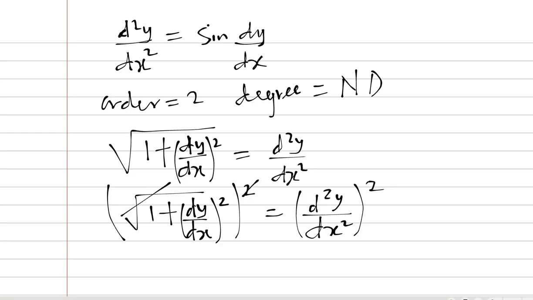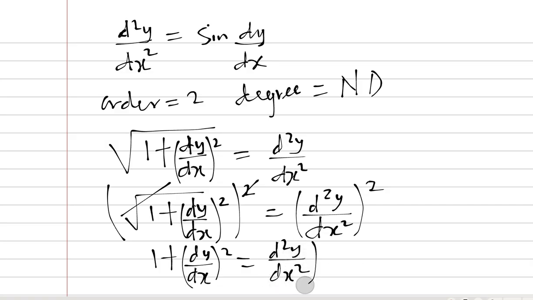So what will I have left? I will have 1 plus dy/dx all squared equal to d²y/dx² all squared. You can see that I have made it look very clear now.